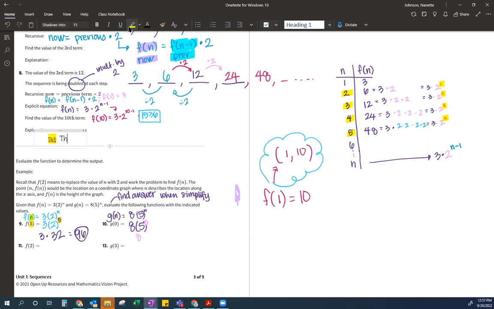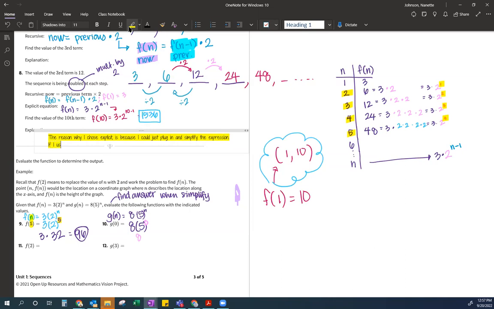The reason why I chose explicit is because I could just plug in and simplify the expression.